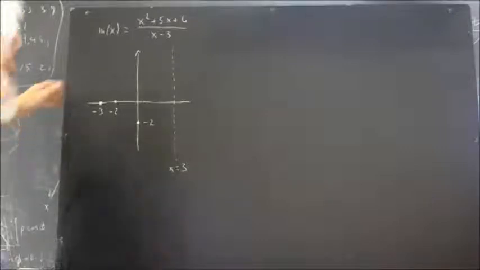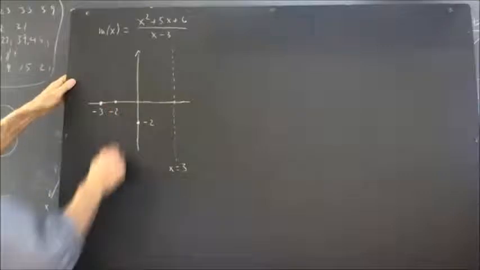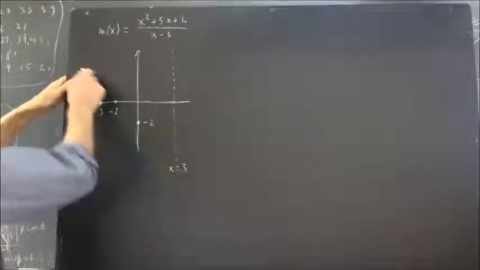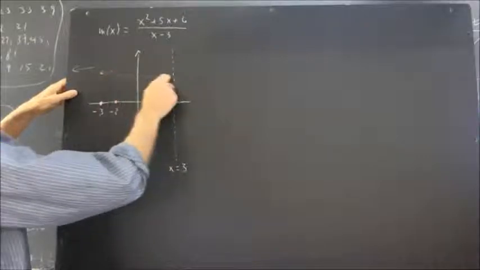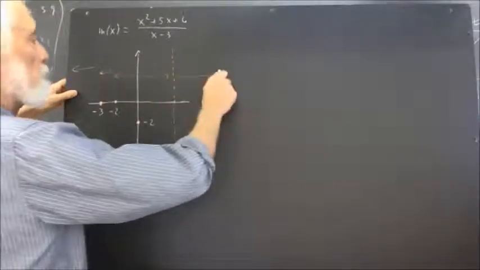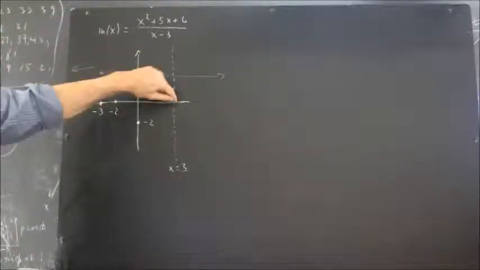Well, we can draw a couple of light lines here, saying, okay, we got this region, we got this region, we got this region, and we got this region. The only place the function can change signs is here, here, or here.